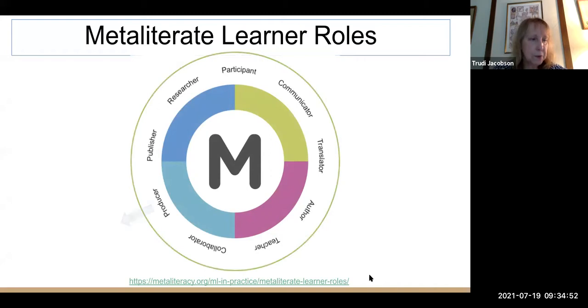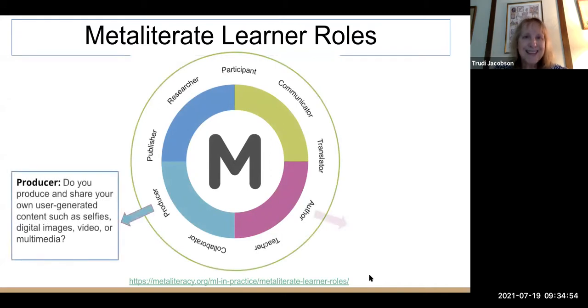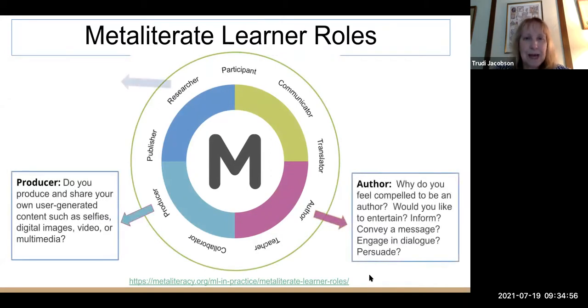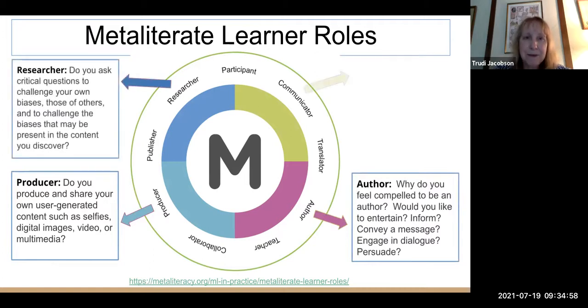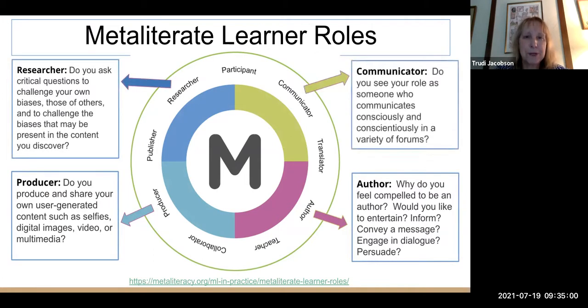There are also these learner roles, and Tom mentioned a couple of them when he was going over the integrated model. They're not in any particular order, and often the roles work together.